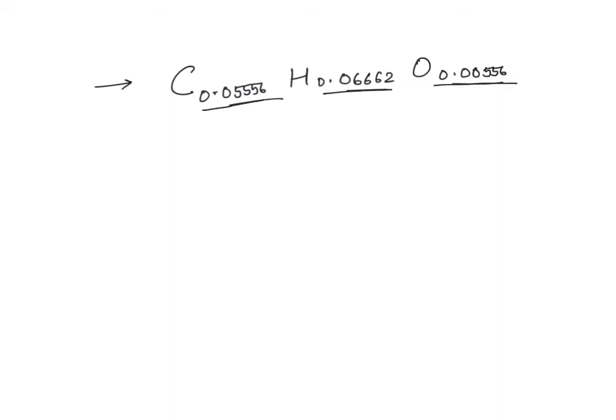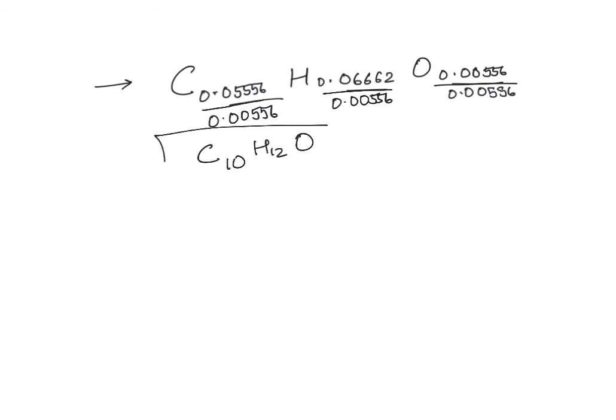Which is the smallest of all of them? Smallest is 0.00556. All the moles we divide by the lowest number of moles because we want to get the mole ratio. And in this case, we will get C10H12O. So this is the empirical formula of this compound.